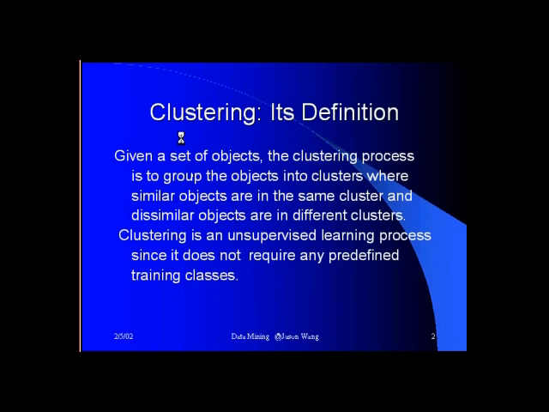The key idea for clustering is that we should have a well-defined distance function among data objects. Based on that distance function, we are able to identify similar or dissimilar objects. Intuitively, similar objects are closer to each other and the distance between them is small.